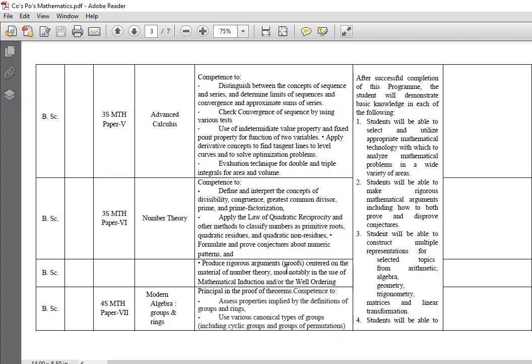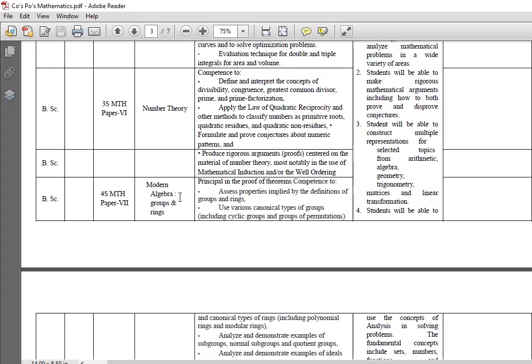So numbers are studied by you students, or we have studied numbers from our initial classes. Here, the detailed study of numbers, what the behavior of numbers is, we are going to see in the syllabus after our syllabus is started.